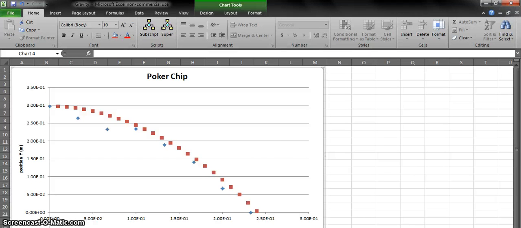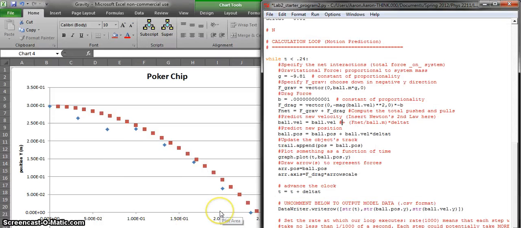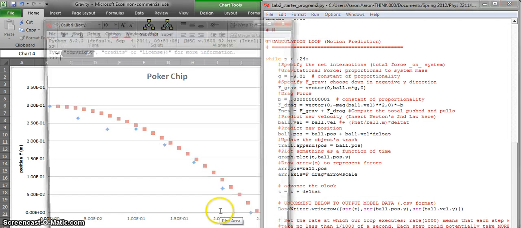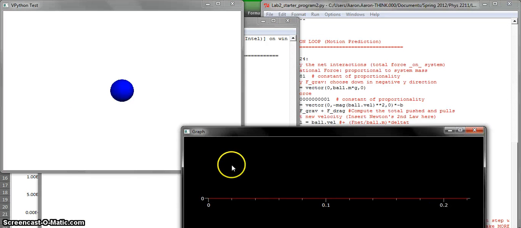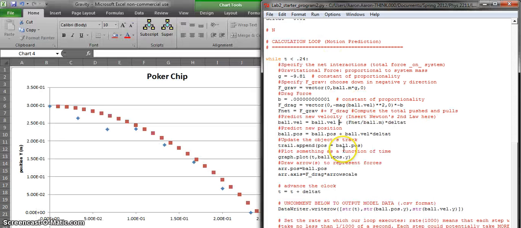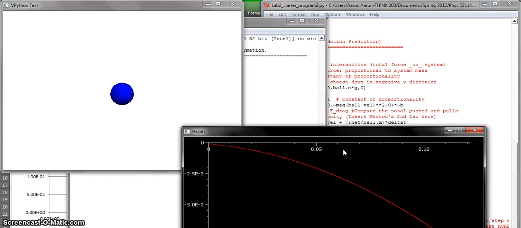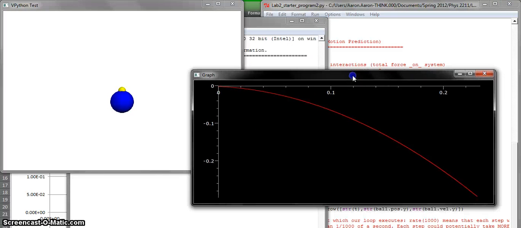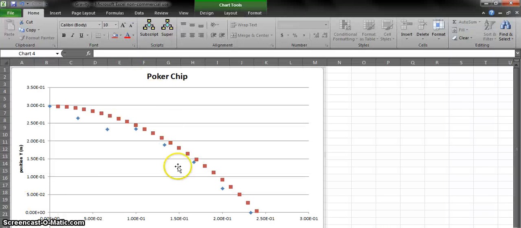Here's the model for the poker chip. It's very similar. Hold up. Alright, fixed it. Minor programming error. But anyway, here's the real fall of the ball and the position versus time graph for the poker chip. As you can see, it lines up very nicely with the experimental data.